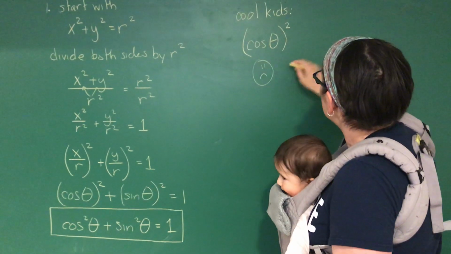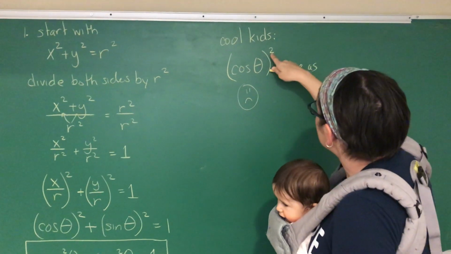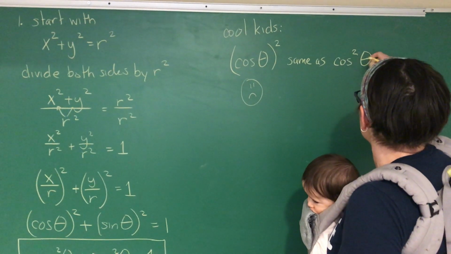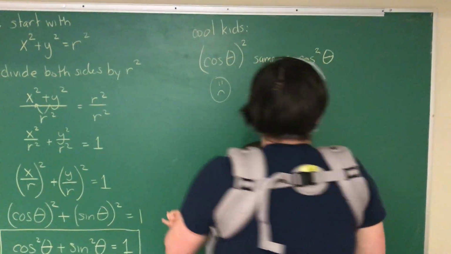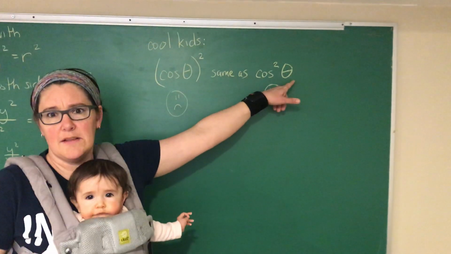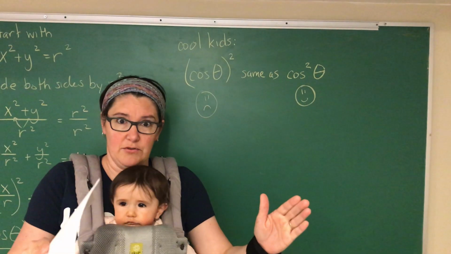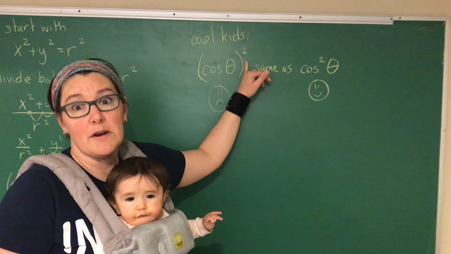Okay? Instead, what they do is that they put that square on the cosine function. So this would be cosine squared of theta. So anytime you ever see a trig function squared and then the theta, what that really means is take the trig function with its input, cosine of theta, and then that is squared.